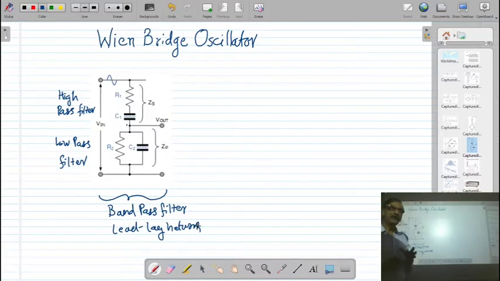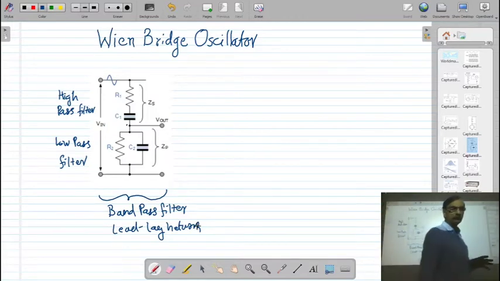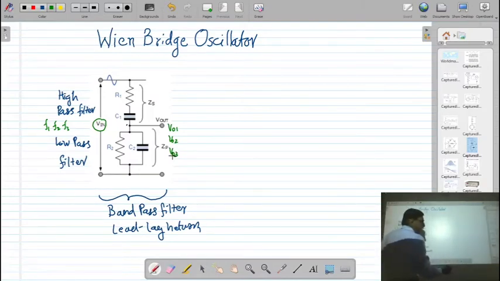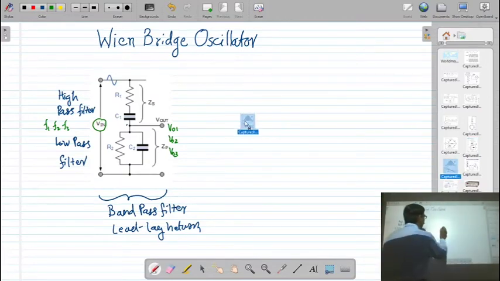Here it is working as a band pass filter, meaning for a particular frequency, the output of the network will be large, and for the rest of the frequencies, it will be less. So if we apply different frequencies, F1, F2, F3, and correspondingly measure the output voltages VO1, VO2, VO3 of this network, then you will find that the output characteristic will be like this.